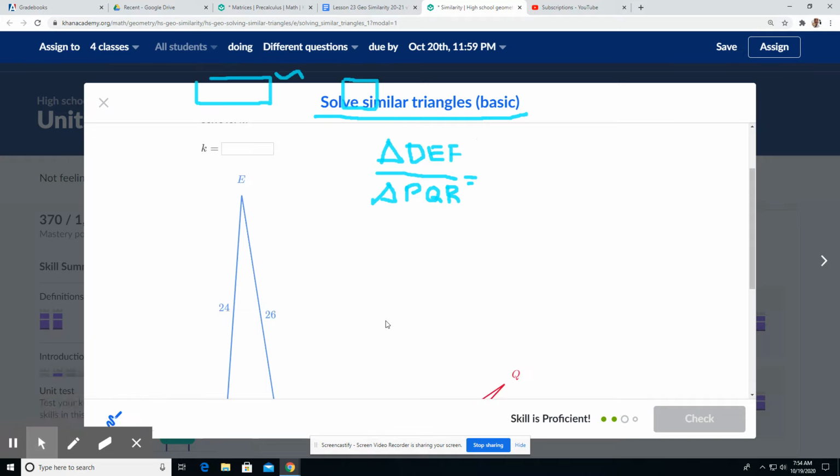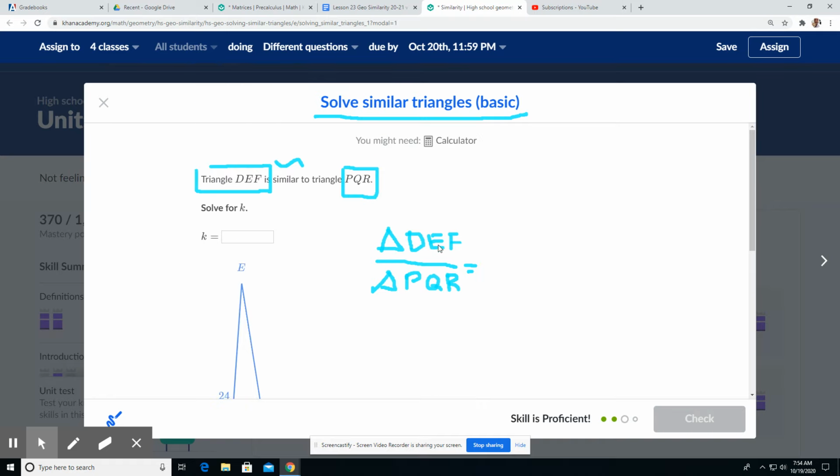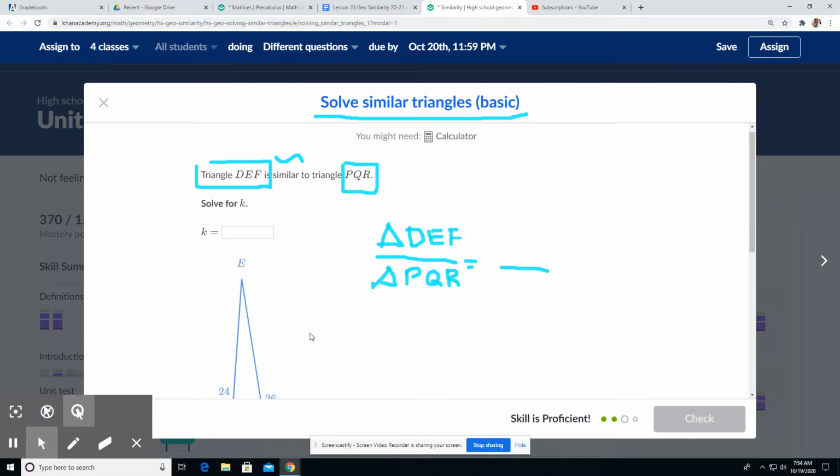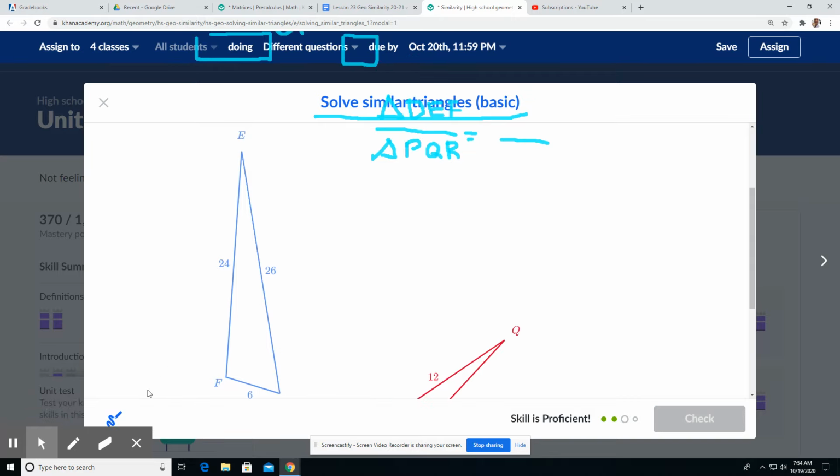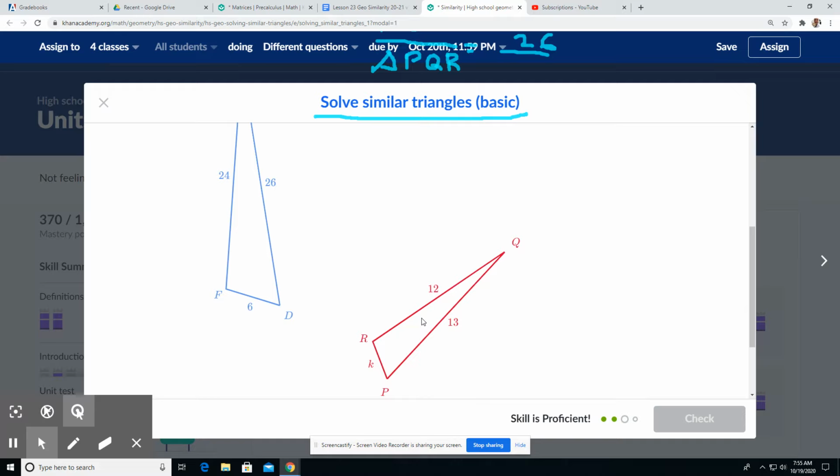Okay, let's see. So let's do DE over PQ. Segment DE is 26. That matches PQ. PQ is 13.